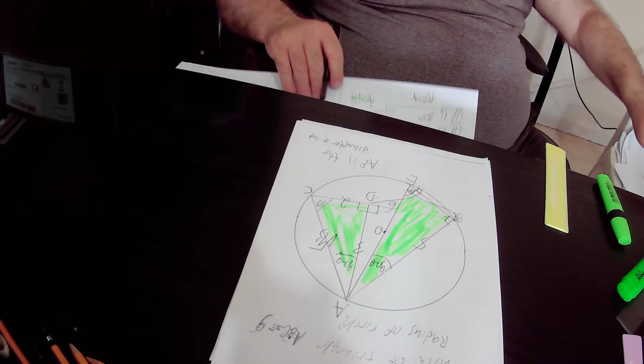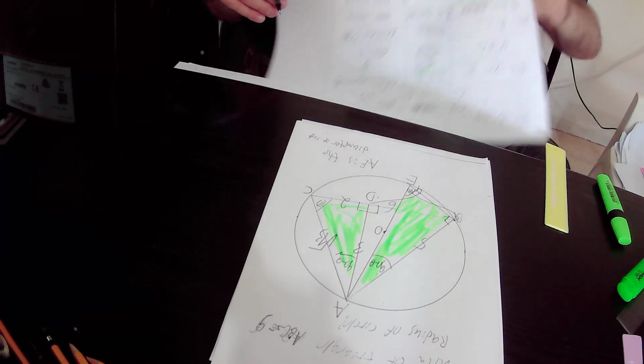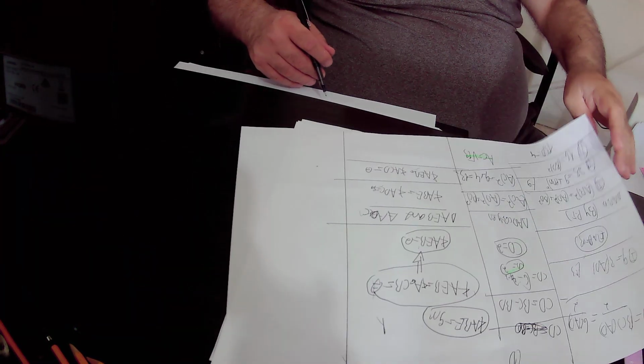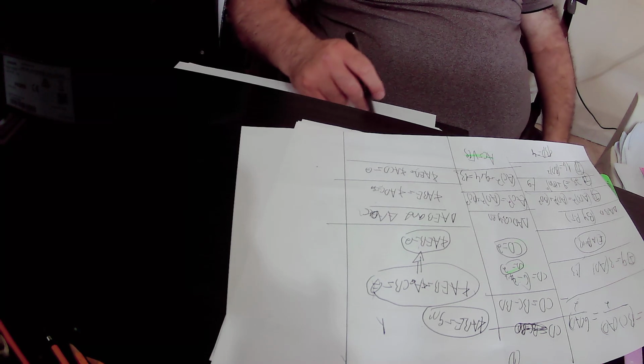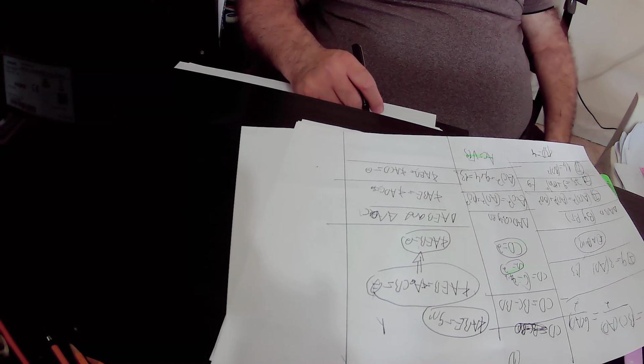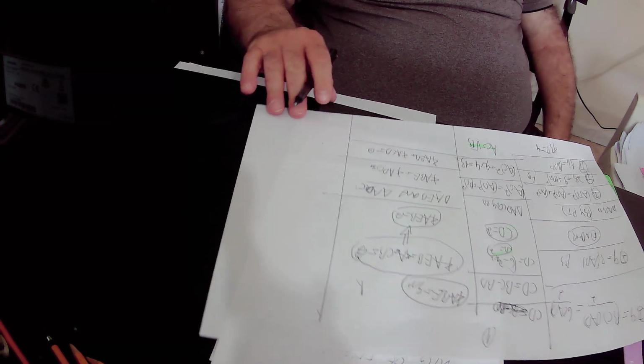Repeat again. Angle AEB equals angle ACD, and they are both equal to theta, therefore they are equal to each other.